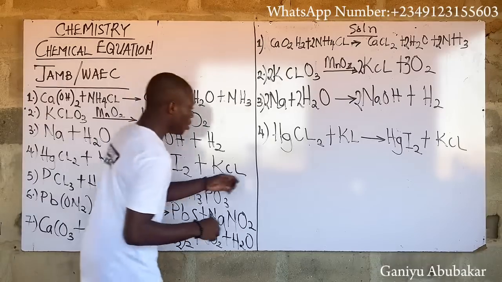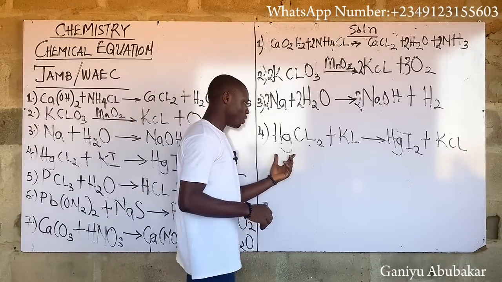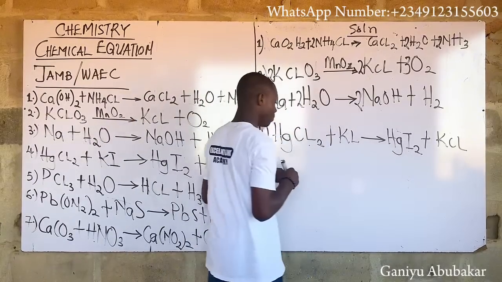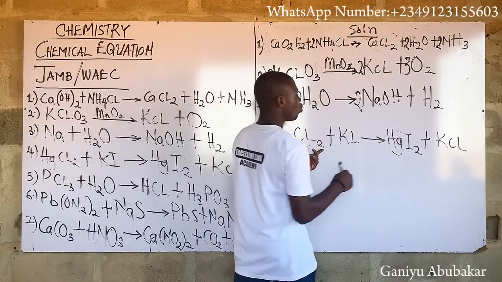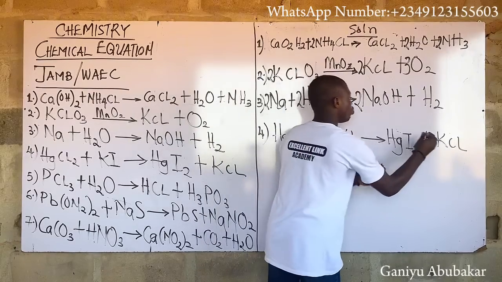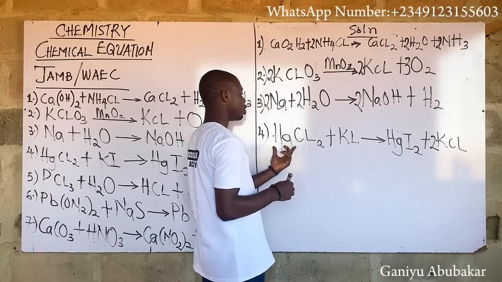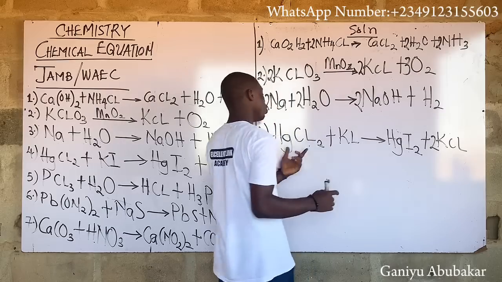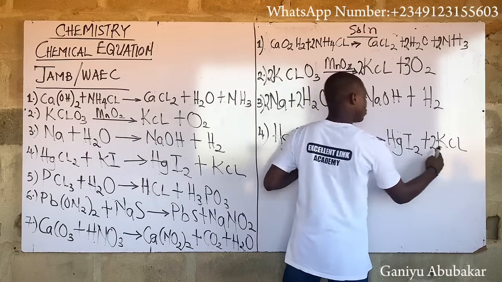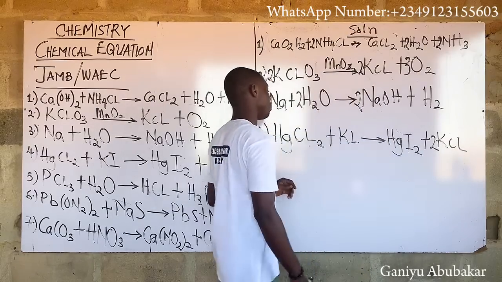We said Hg is 1 here, no problem. Chlorine is 2. Chlorine is just 1 here. So I put a 2 here to balance chlorine. Right? So Hg is 1 balanced, chlorine is 2, 1 times this 2 is 2 chlorine now, no problem.